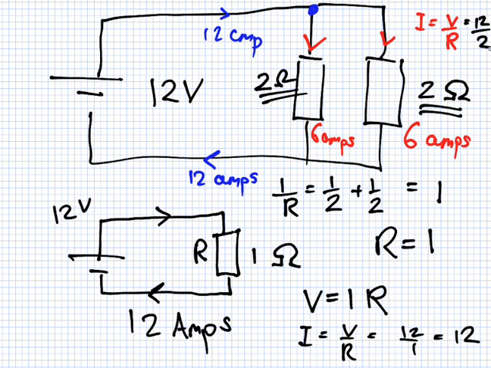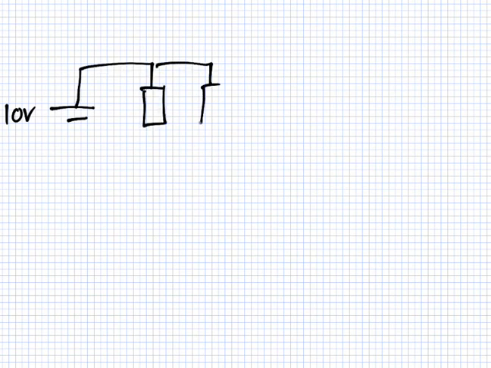We'll do another one. So let's say here we have our battery. We'll make it 10 volts. And then we have one resistor, then we have another resistor. And let's make this one 2 ohms and 1 ohm. Okay, so what's the total resistance?